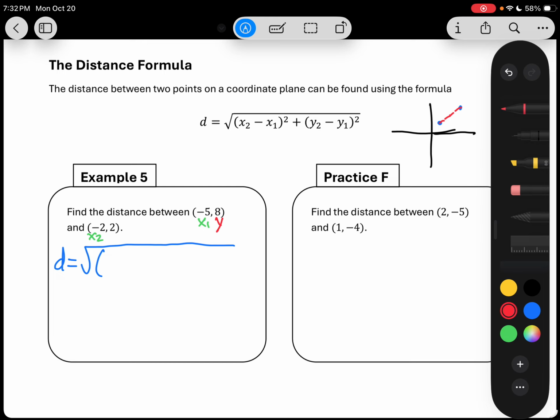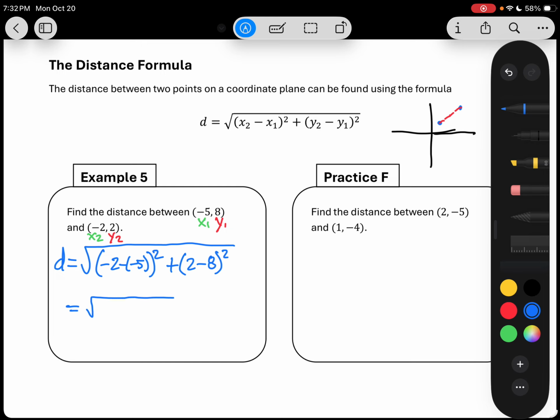And then this would be y1 and that would be y2. So x2 minus x1 would be -2 minus -5. And then that gets squared. And then we add to it 2 minus 8, and that gets squared.